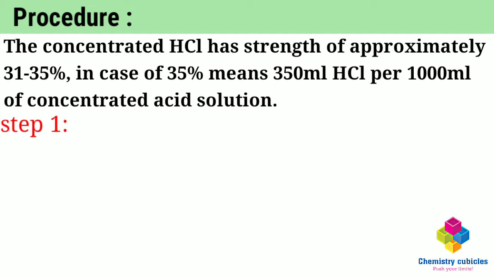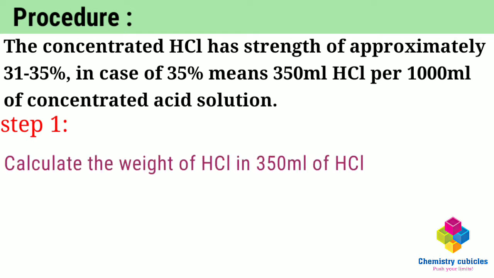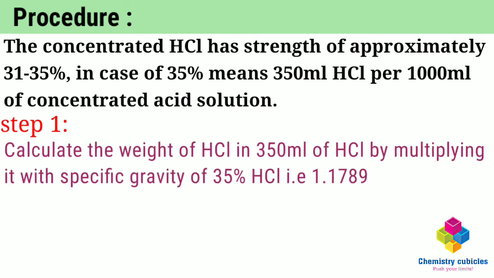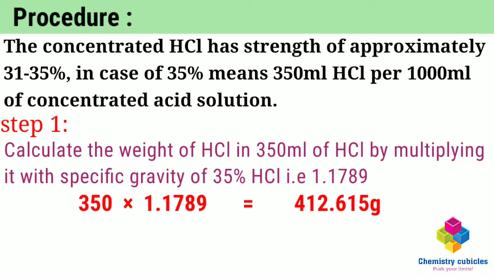Now, in the first step, we have to find out the weight of the HCl which is present in 1000 ml of concentrated acid solution. Hence, we have to multiply it with its specific gravity. The specific gravity for HCl at room temperature is 1.1789, that is 350 into 1.1789, which comes out to be 412.615 gram.